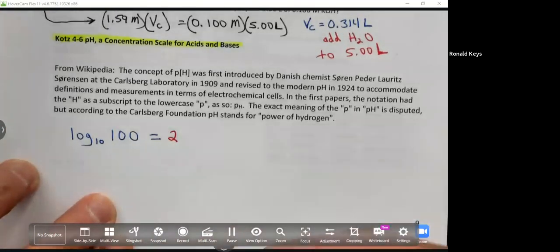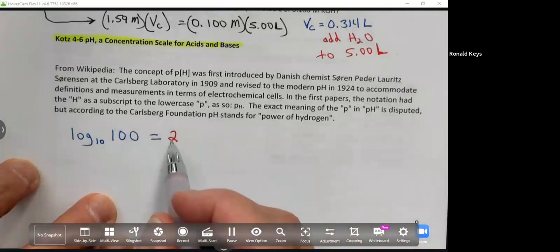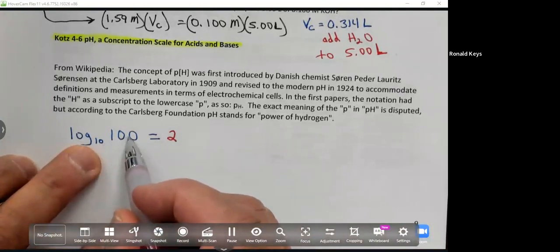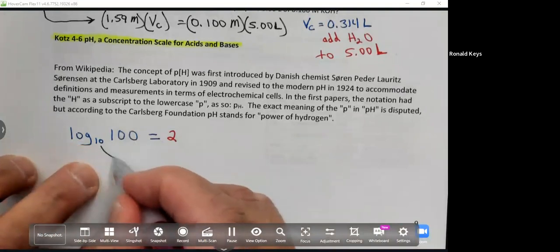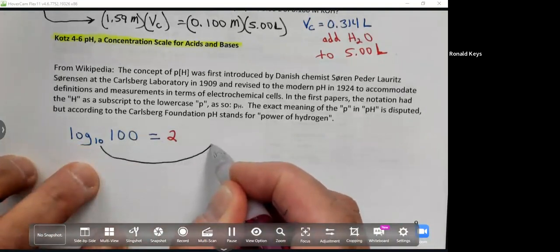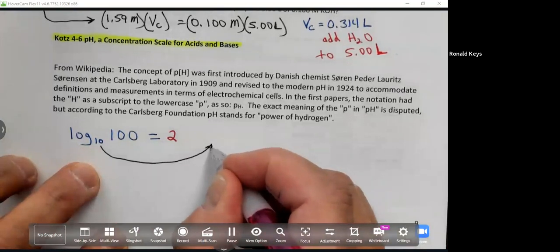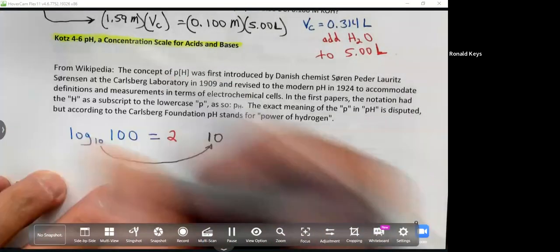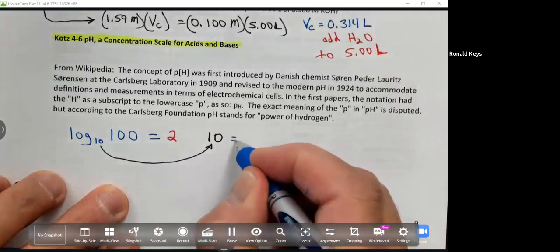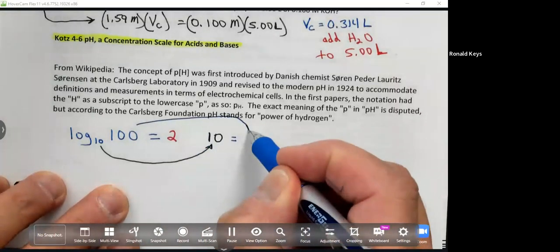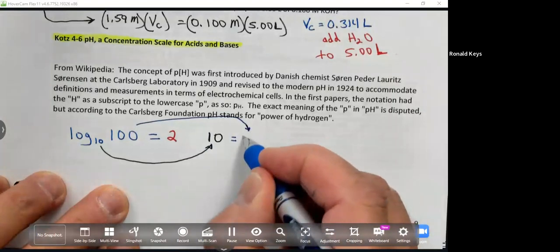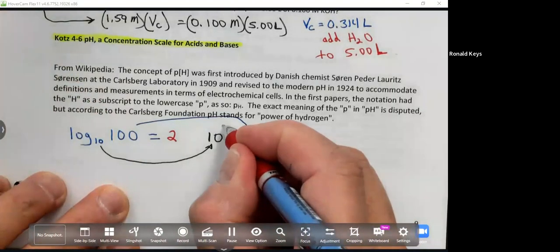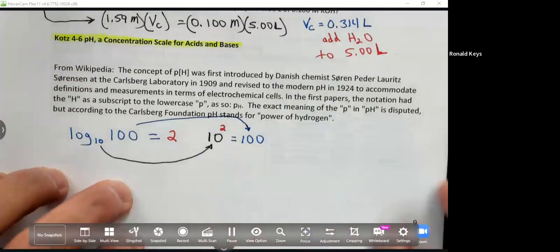It's returning the exponent. Base 10: 10 to what number gives us 100? And the answer is 2, right?